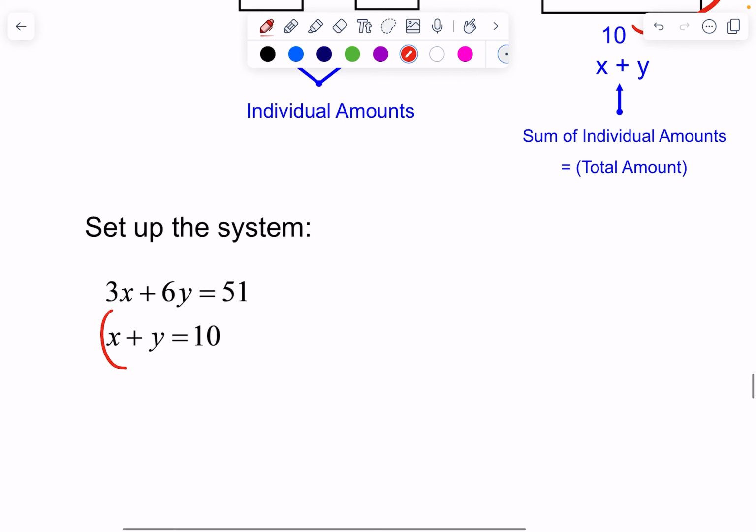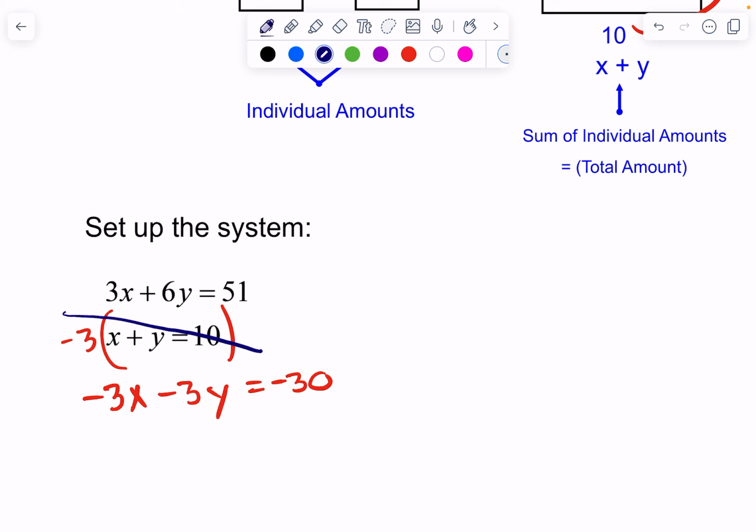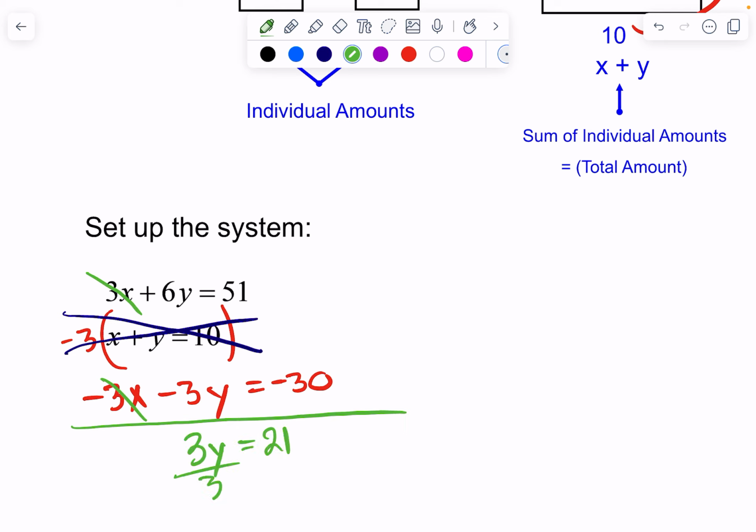Me personally, I'm going to multiply everything by -3 to eliminate the x's. So that's been distributed. The x's cancel. 3y equals 21 divided by 3. Y equals 7.